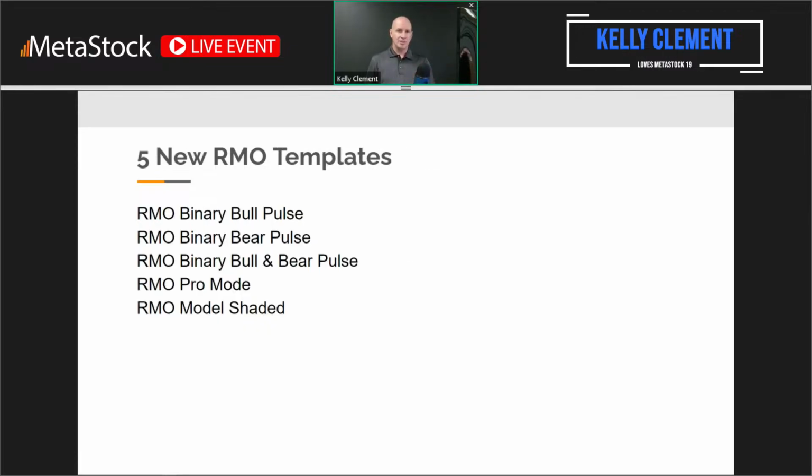And then to make it even easier, if you trade the RMO, we've made it easier to identify signals and opportunities. So we've added 5 new RMO templates. You've got RMO shaded, which uses a lot of the new modern features that are available in the charting engine that was added in MetaStock 18.